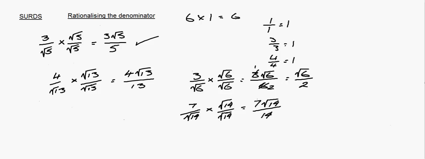Now the 7 and 14 have a connection, so 7's into 7 goes once, 7's into 14 goes twice. So we're left with 1 times root 14, which is root 14, and that's over 2. Okay, so it's very, very simple. It's a neat little trick which helps us get rid of this root on the bottom.